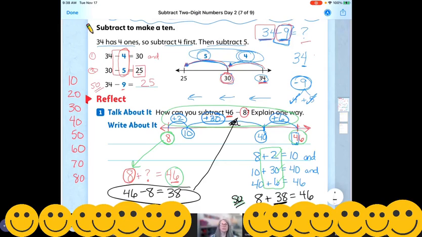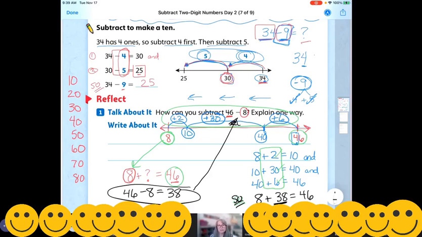So if we have any parents listening, I know this seems like a long, drawn out method, and it is when we're first learning about it, but I've come to find out that people who are just intelligent with math, this is kind of what they do in their head anyway. They just kind of do it. It becomes automatic.